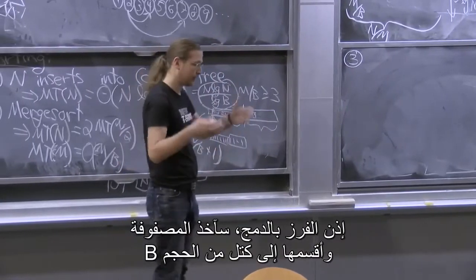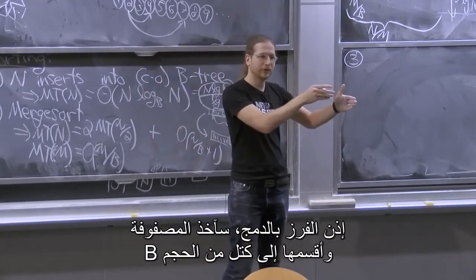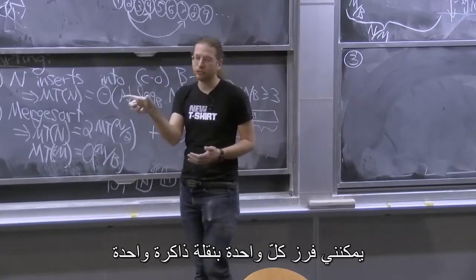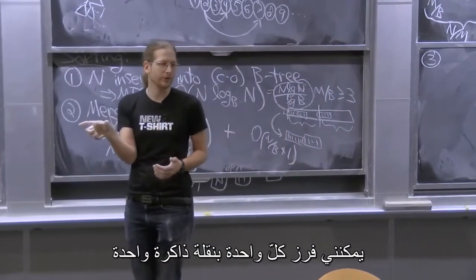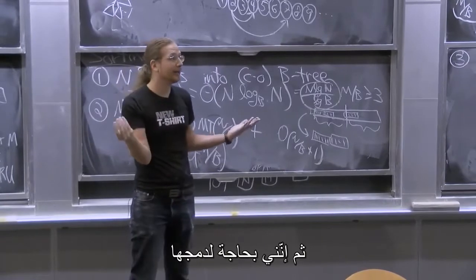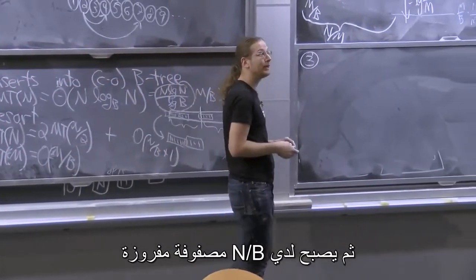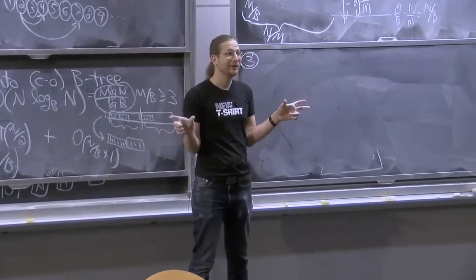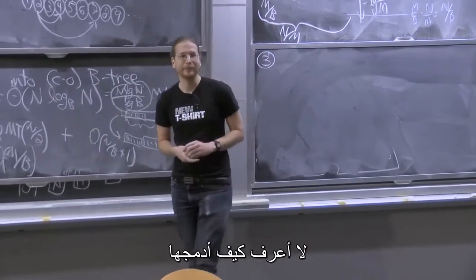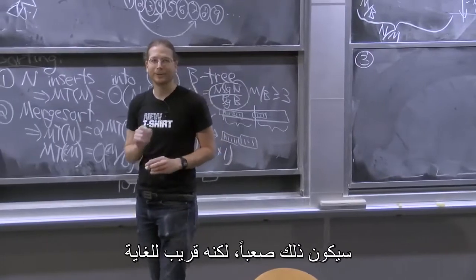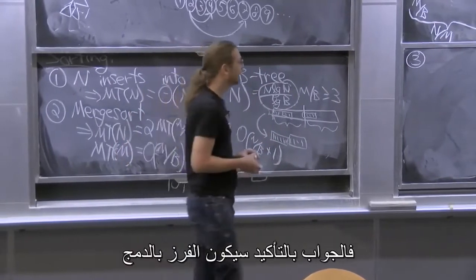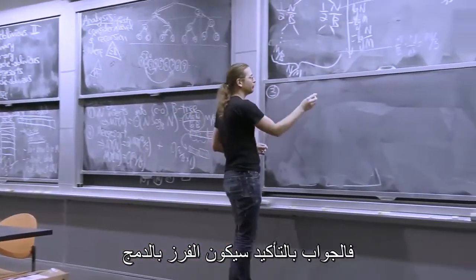So merge sort, I take my array, I divide it into blocks of size b. I could sort each one in one memory transfer. And then I need to merge them. So then I've got n divided by b sorted arrays. I don't know how to merge them. It's going to be hard, but very close. So the answer is indeed merge sort.